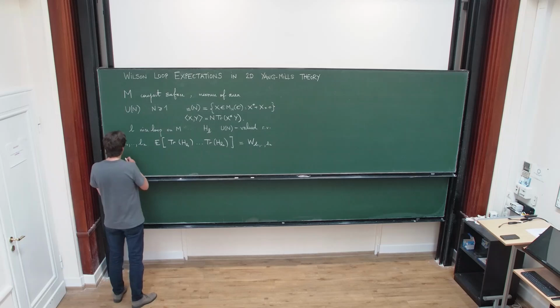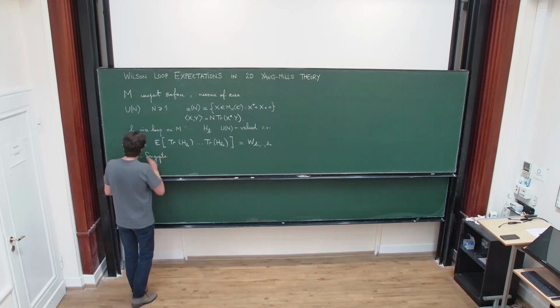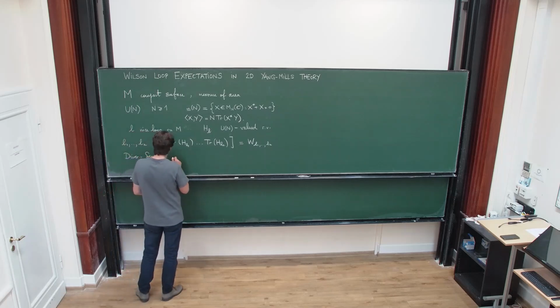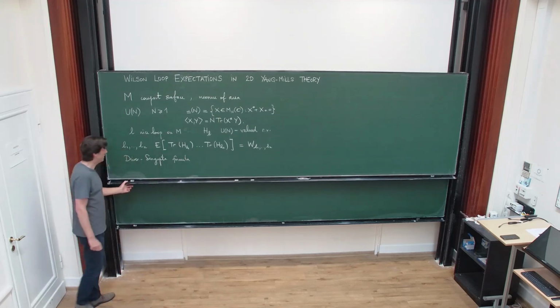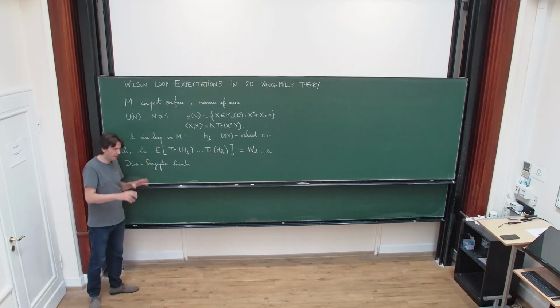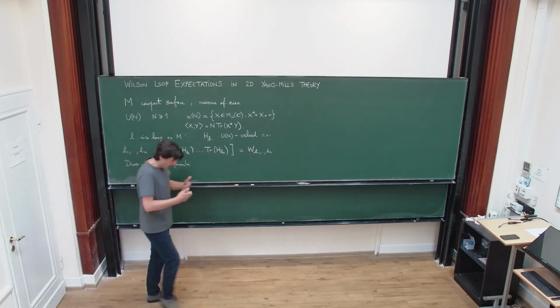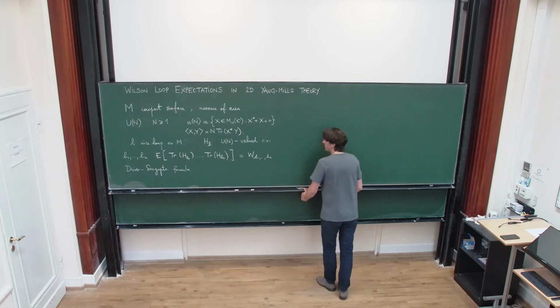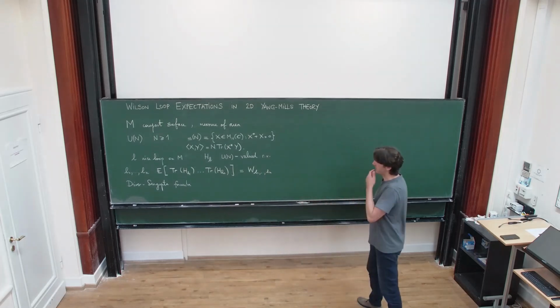And it's the Driver-Sengupta formula. This is not a completely official name, but I think it's fair that these two names appear. Bruce Driver wrote the formula, I think, in the case of the plane, and then Anbar Sengupta adapted it to the case of a surface.